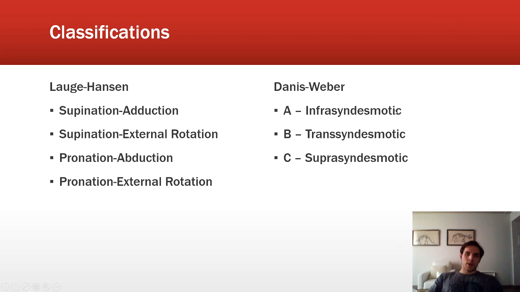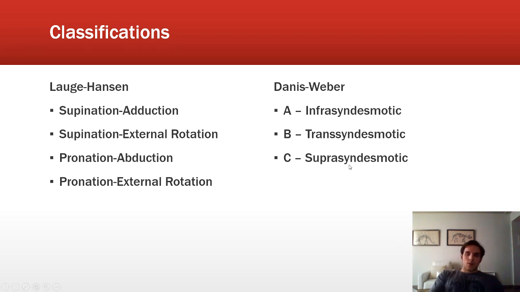And also, if you understand this classification, it can give you some clues as to what type of injury mechanism you're looking at from this perspective. In Danis-Weber, your type A is infrasyndesmotic, B is transsyndesmotic, and C is suprasyndesmotic.